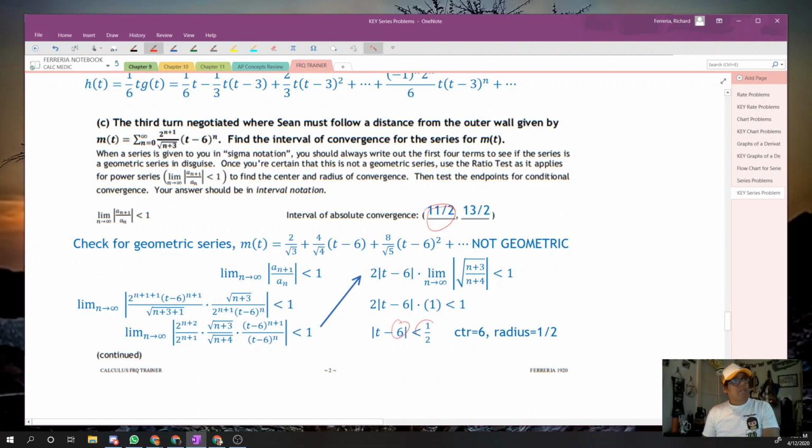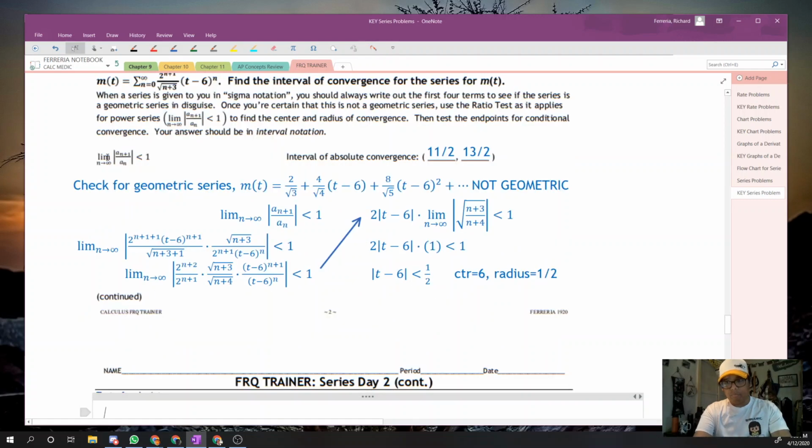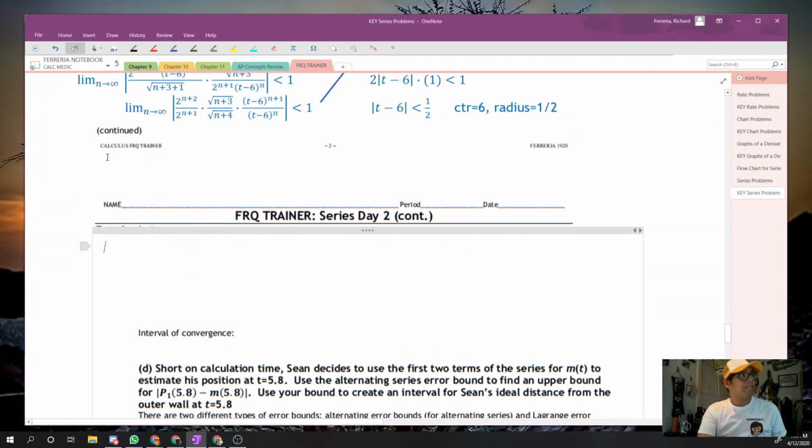And then 6 plus 1/2 is 12 over 2 plus 1 over 2, so 13 over 2. So this right here, 11 halves to 13 halves, is our interval of absolute convergence. We have that interval. Now you've got to check the endpoints. Every time you use the ratio test, you've got to check the endpoints. Let's start taking a look at the endpoints here.